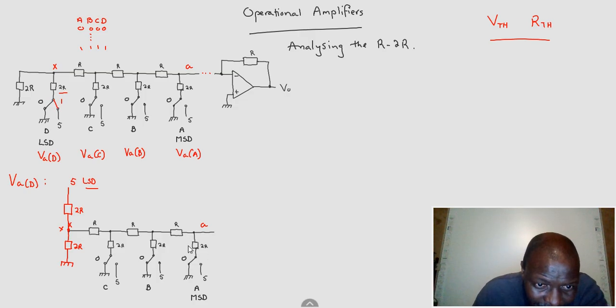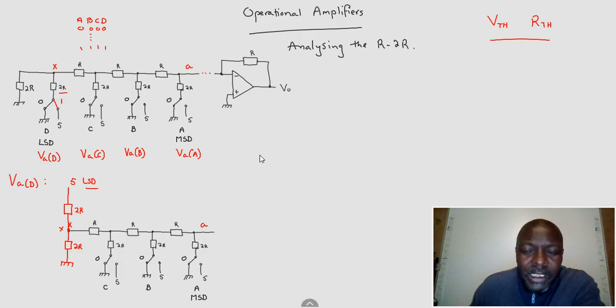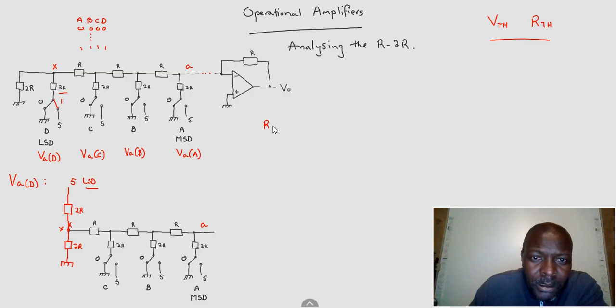R series 1 is this guy in series with the 2R resistor in series with the R. So now we've got R series 1, and R series 1 is simply equal to the 2R in series with R, which is simply 3R.